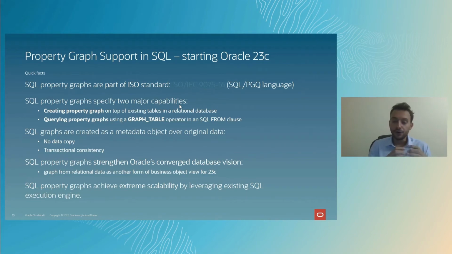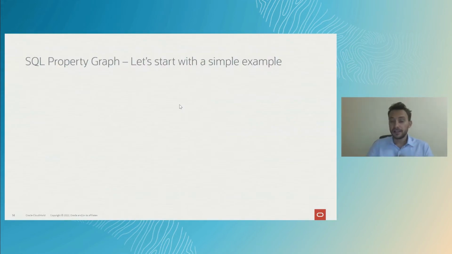So we leverage all the performance advantages and all scalability advantages of the underlying SQL engine. Right. So this was a quick introduction to why graph and a quick introduction to the feature. But let's now see with a simple example what actually this feature is about and what you can do with it.